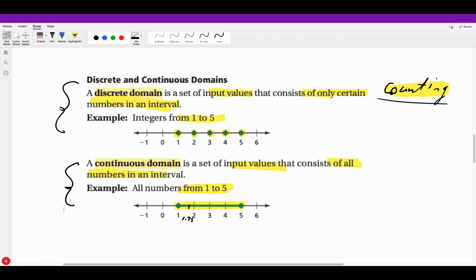Well, we can swim for 5 minutes and 2 seconds, 5 minutes and 3 seconds, and things like that. All right, so a discrete domain is going to be a set of finite numbers, counting, and it's typically going to be the whole numbers. And our continuous domain includes every single number in between, so we can have that half or that quarter. All right, now we're going to go through a couple examples, and that'll be it.